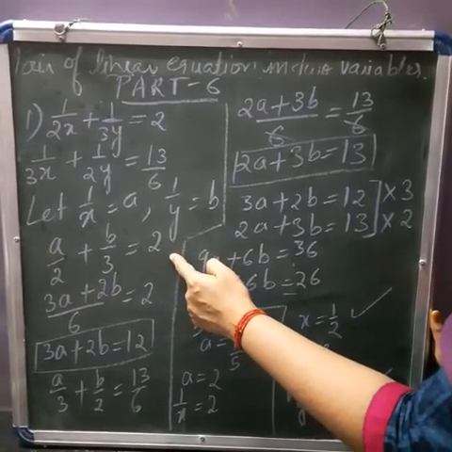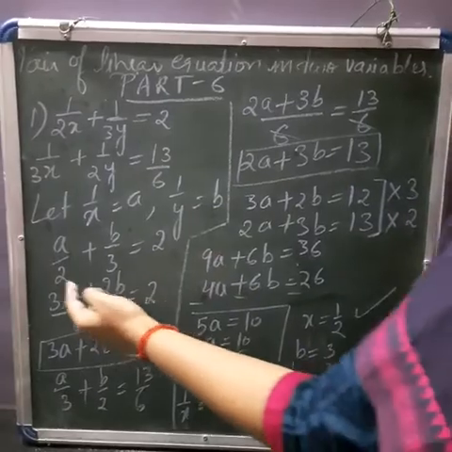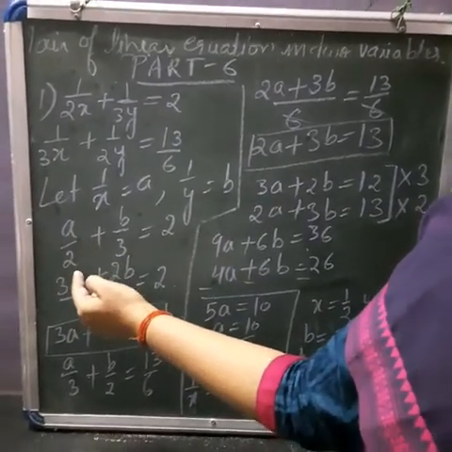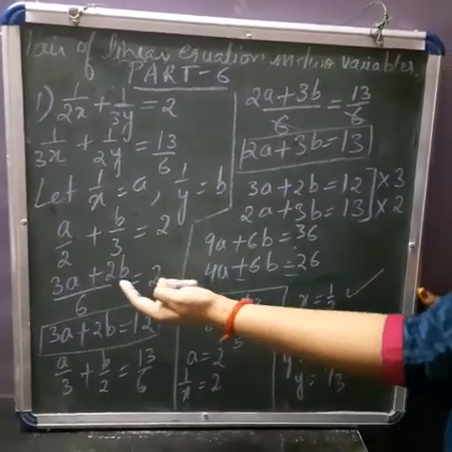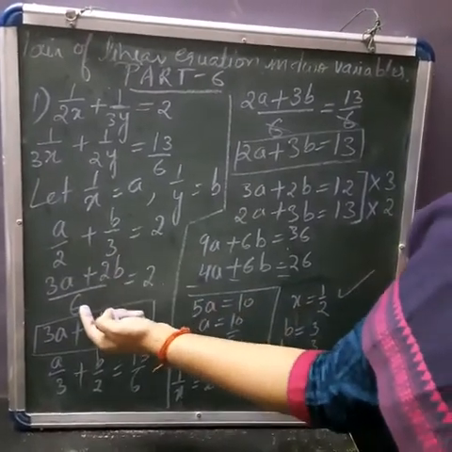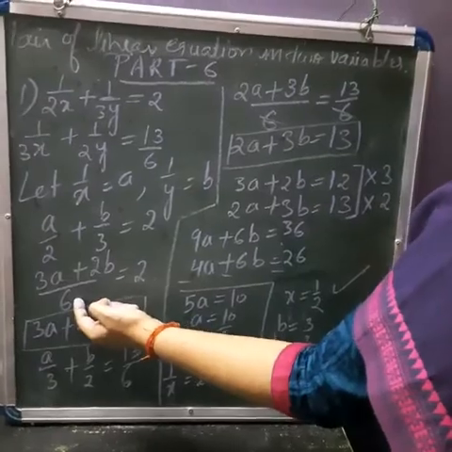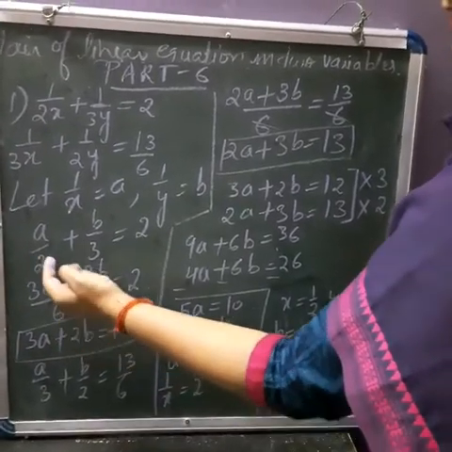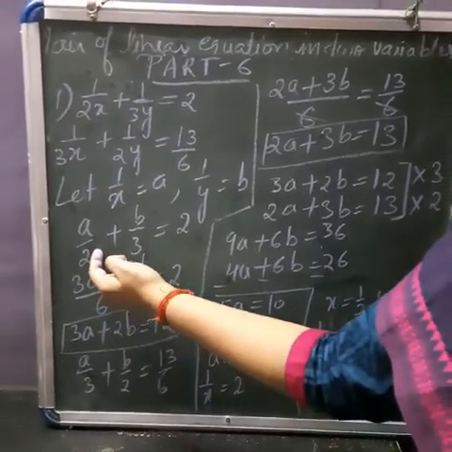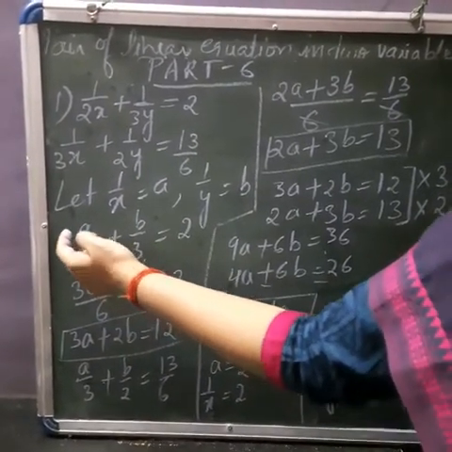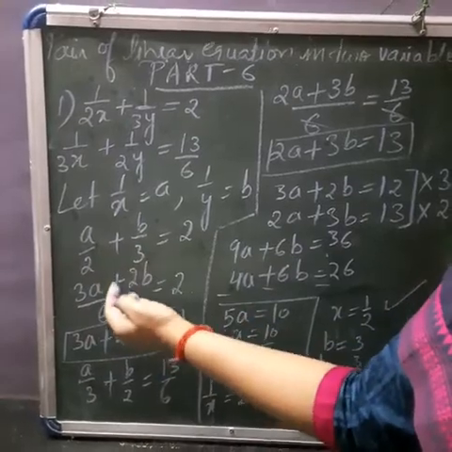Now you have to simplify this. So what are the denominators? 2 and 3. You will take the LCM of 2 and 3, and the LCM of 2 and 3 is 6. 6 divided by denominator and multiplied by numerator. So 6 divided by 2 is 3, multiplied by a, 3a. Plus sign you will put.